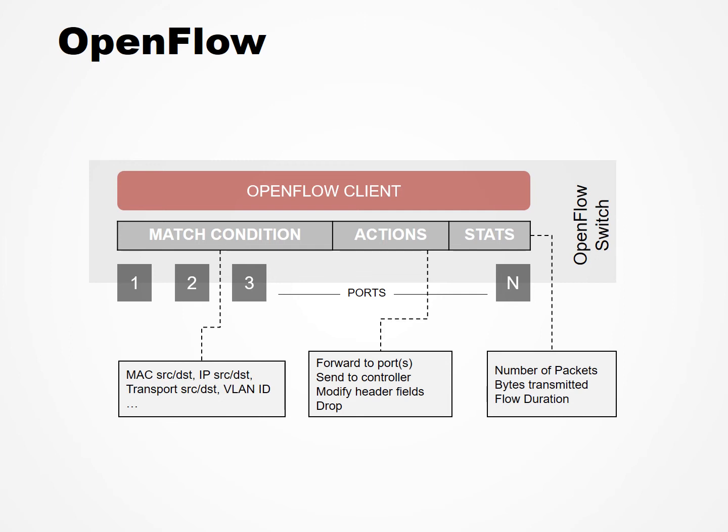A match condition will match packets in the network against any set of fields in the IP stack. It could be layer 2 MAC addresses, it could be layer 3 IP addresses, it could be TCP or UDP ports. It could even go in higher layers or even lower layers with, for example, optical extensions for wavelength switching.